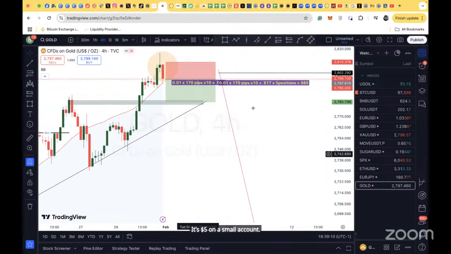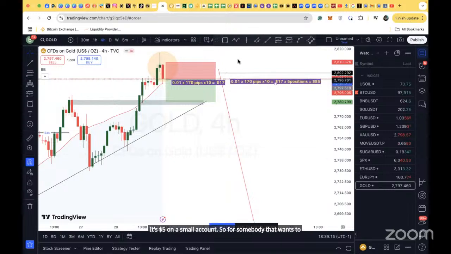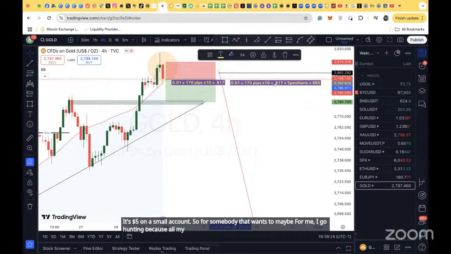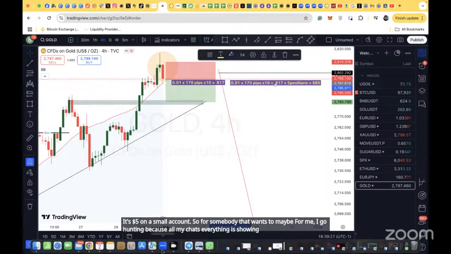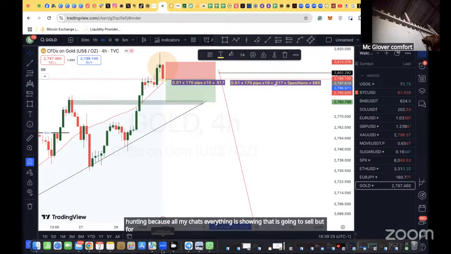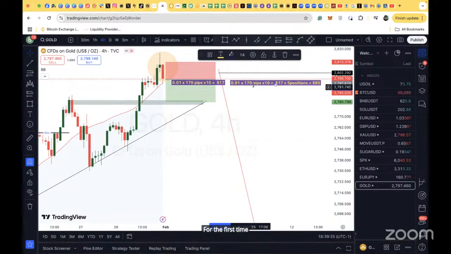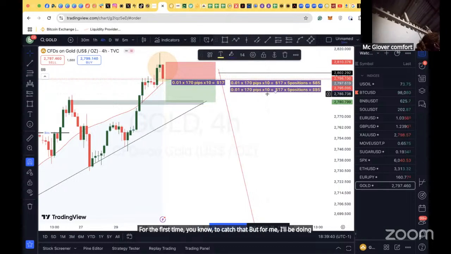Yeah, on the small account, yes. For me, I go all in because all my charts, everything is showing that it's going to sell. But for someone that is in doubt, you might open maybe 2 positions or maybe try one for the first time, to catch that peak. But for me, I'll be doing 5 positions.